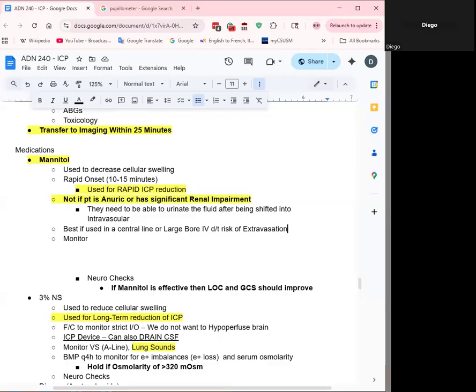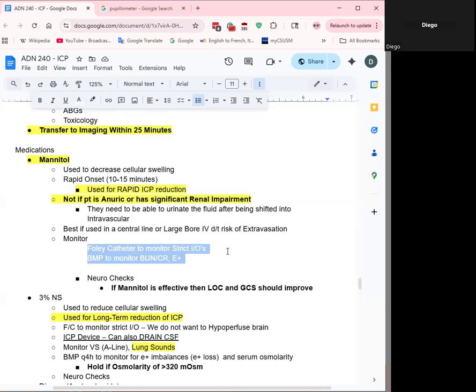For some of the things to monitor, we mentioned that this is an osmotic diuretic, so we're going to include things such as a Foley catheter to monitor strict I's and O's, because we want to know how well they're able to pee and how much fluid is being siphoned out. We're going to want to know their kidney function and electrolytes, because it is a diuretic.